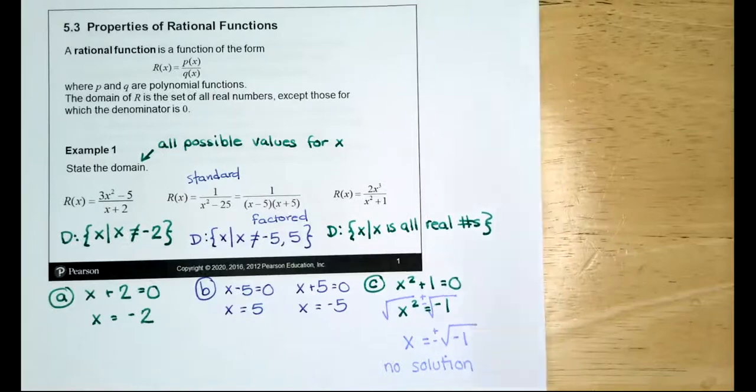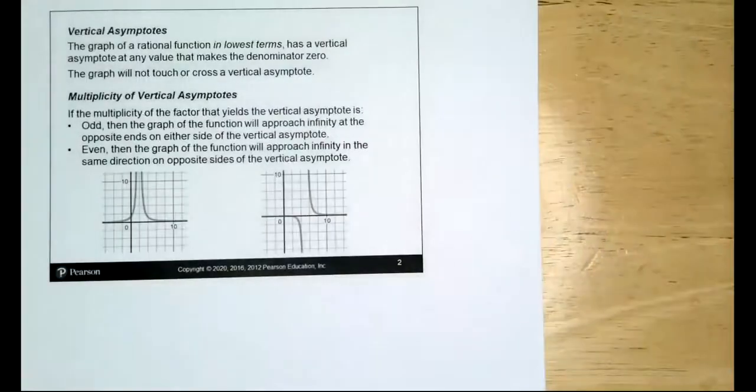So those are example 1. We're just practicing finding the domain. The reason we want to find the domain is because the domain tells us where the vertical asymptotes will be located on the graph.